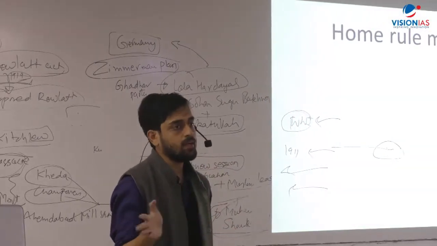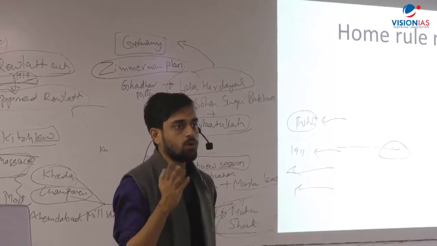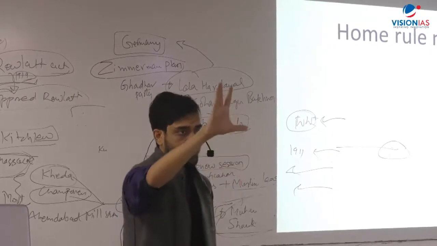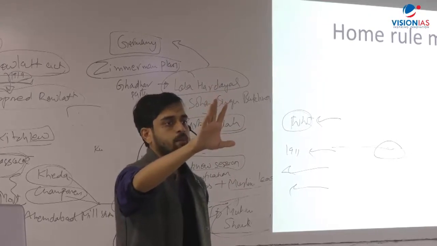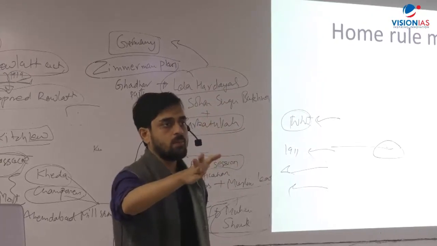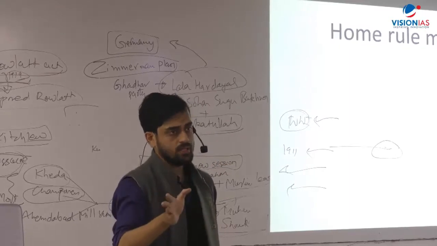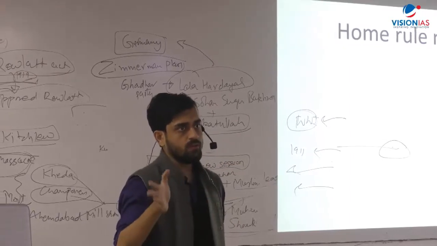Secondly, acts of militant nationalism from 1908 onwards had become a constant nuisance. It was not something that could have directly challenged the British rule in India, but at the same point of time, it was creating political instability and an atmosphere of fear. And the British decided to do away with this.